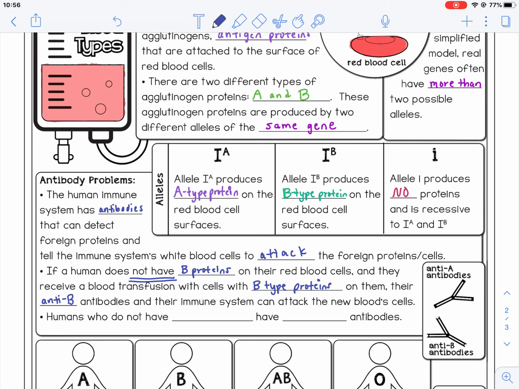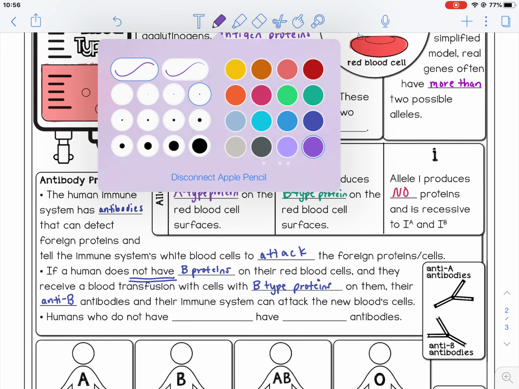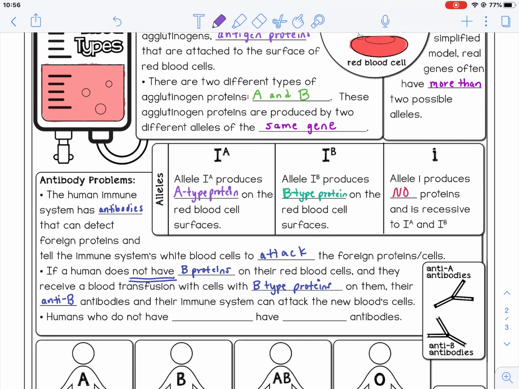So let's think about this carefully. It says if the person does not have type B proteins. So who would not have type B proteins?